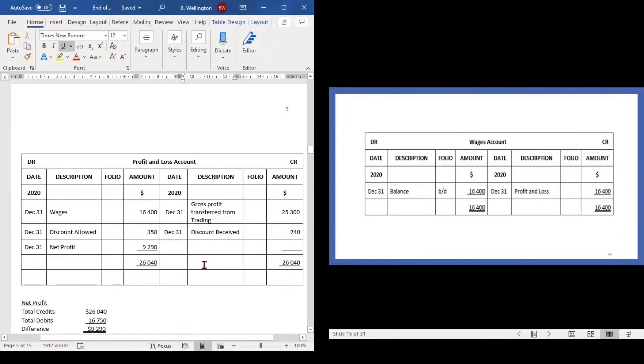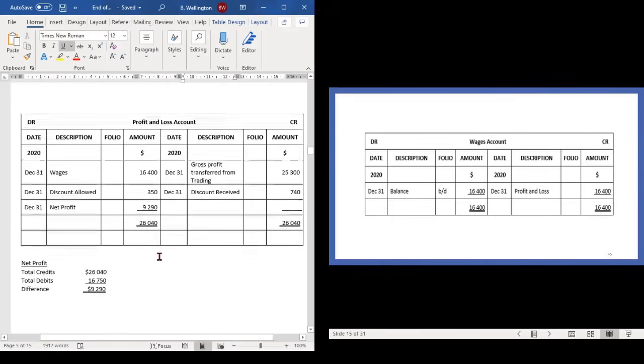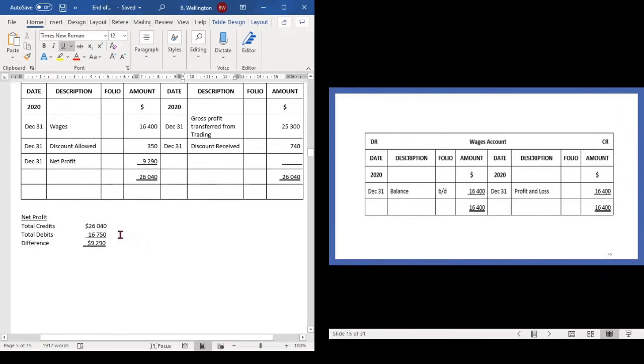Now remember that when we followed the journal entry, we had these items transferred to the profit and loss account, the wages and the discount allowed on the debit side, and on the credit side we had the discount received. Again, by balancing the profit and loss account, we will see what our net profit is.